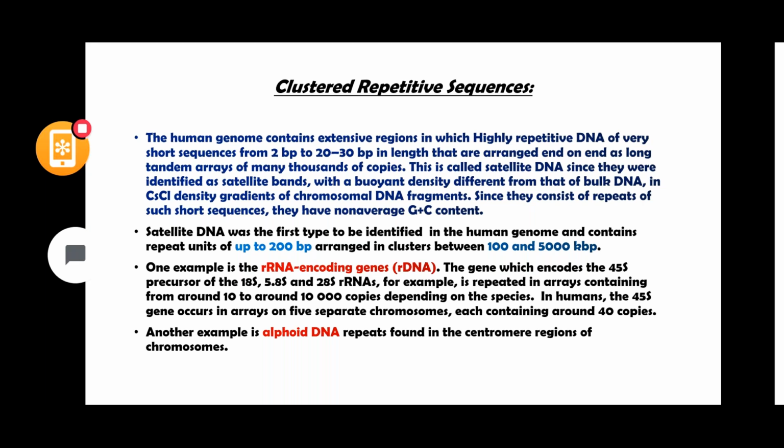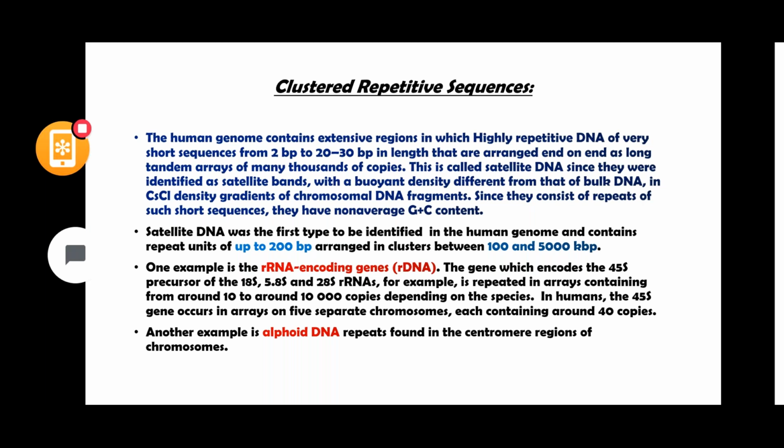The sequences in the DNA for these rRNAs are present in about 10,000 copies in a repeated form, arranged in an array. The number of copies present in the genome depends upon the species.